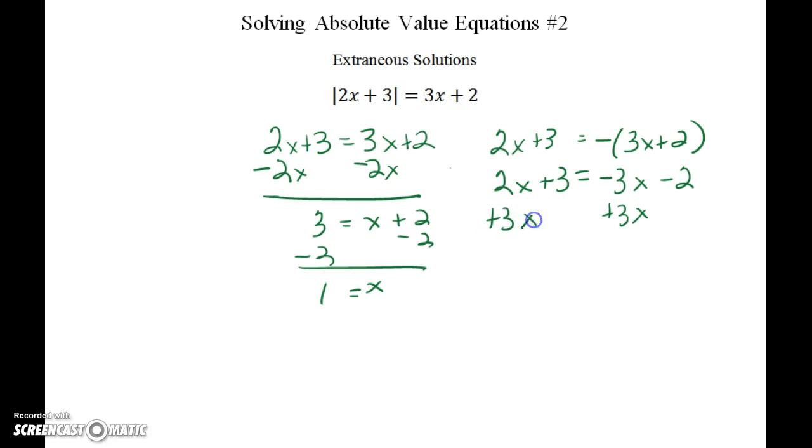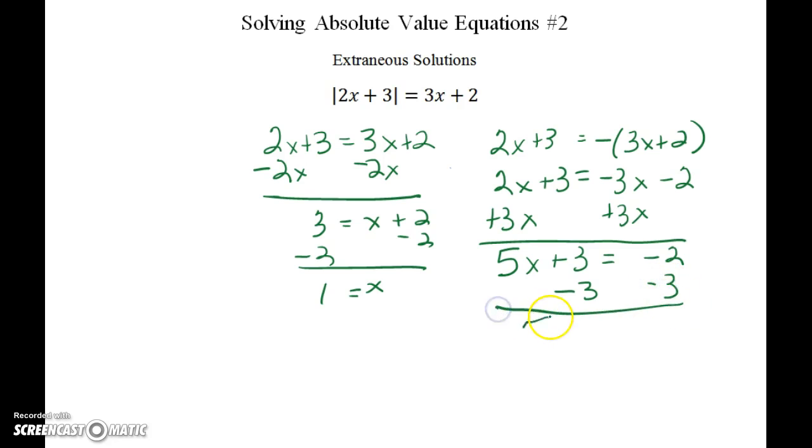It doesn't really matter, whatever you're most comfortable with. So 5x plus 3 equals negative 2. And then I'm going to subtract 3 from both sides. So I get 5x equals negative 5. Divide by 5. So x equals negative 1. So I have two different solutions here. So x equals 1 and x equals negative 1.